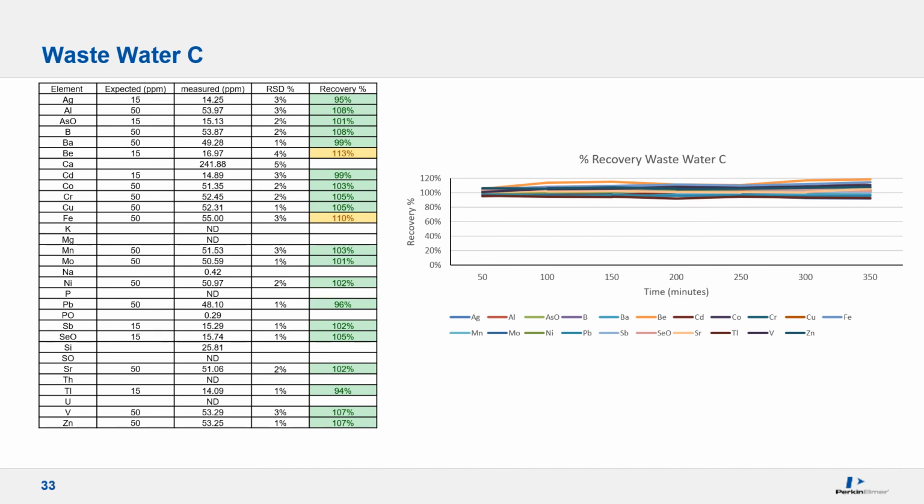Again, we show that there's a good correlation between the expected value, the average measured value, and the percent recovery. The RSD values are all low, showing stability of the analysis with time, which corresponds to the graphic on the right-hand side.